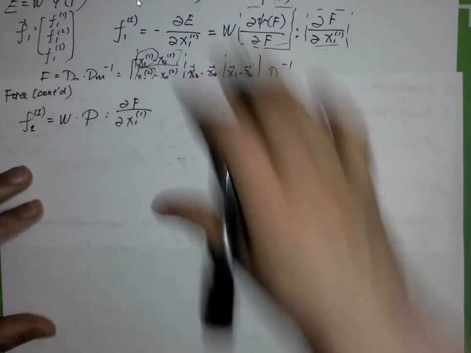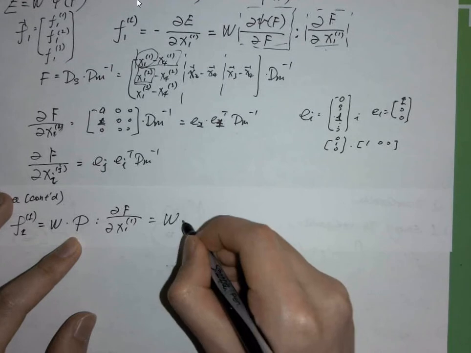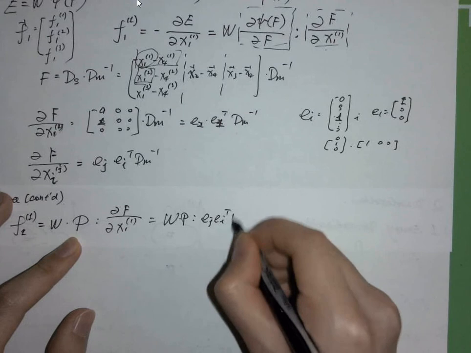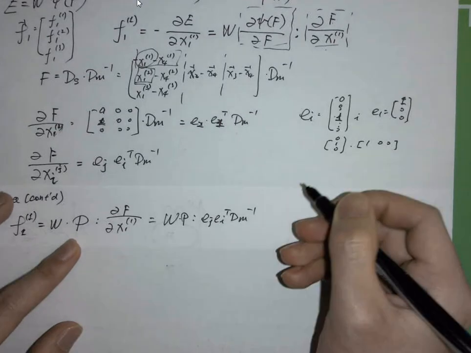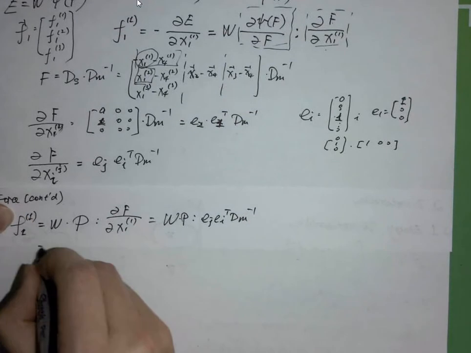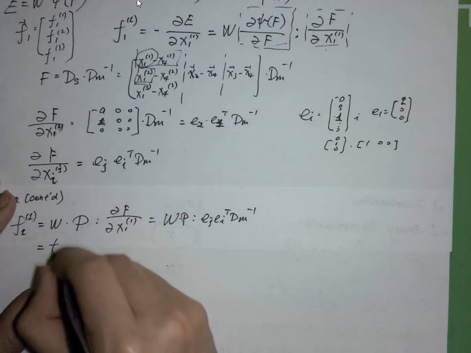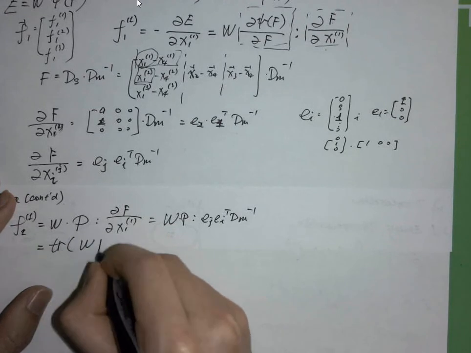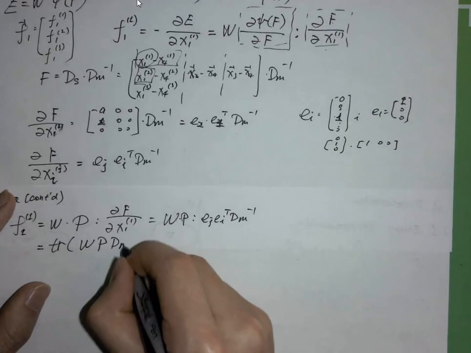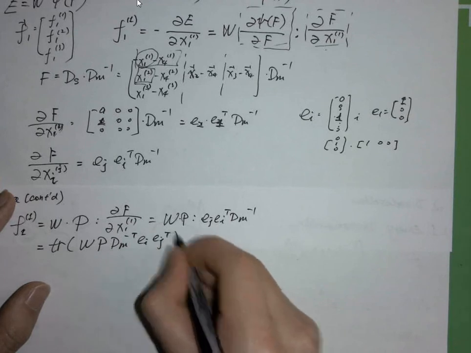And we know that this one is simply W multiplied by P double contraction Ej Ei transpose Dm inverse. Right. We can apply our favorite trick on that. We can convert this double contraction to a trace. So it becomes the trace of WP multiplied by this one inverse transpose. So it's Dm inverse transpose Ei Ej transpose.